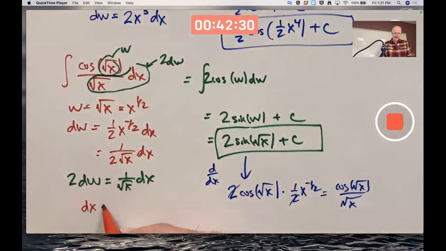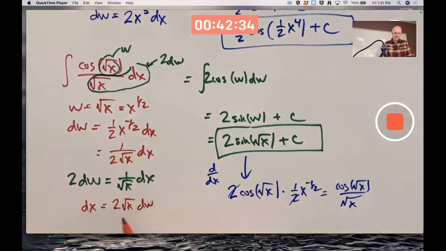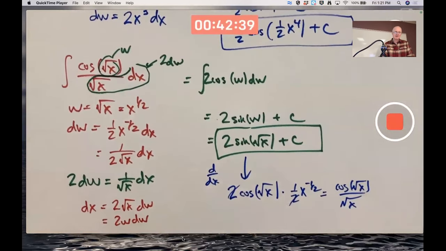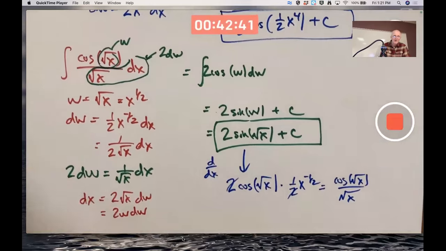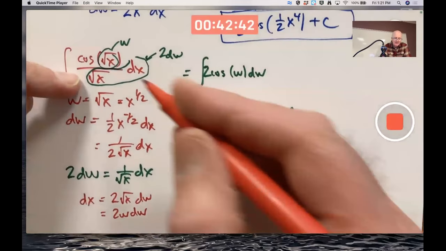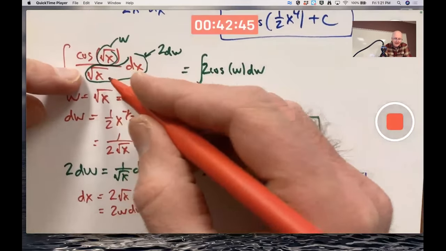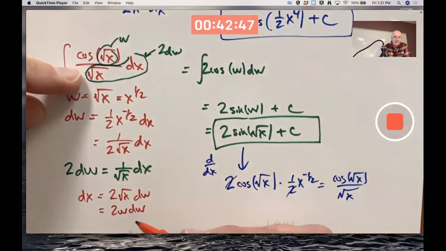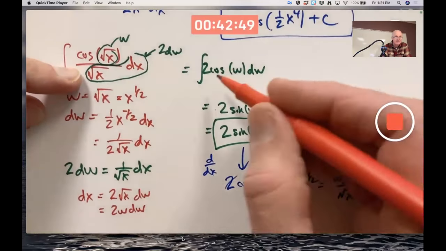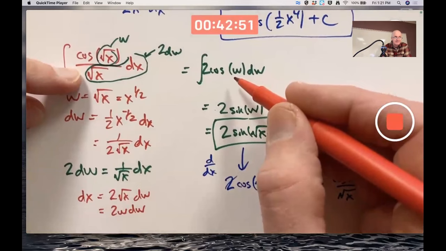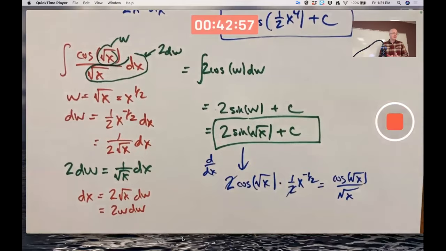This equation would say dx could be thought of as 2 square root of x dw, but once again, square root of x is w. This is the same as 2w dw. So if I replace this with a w and dx with 2w dw, the w's would cancel and I'd get the same thing. Good question. Tricky, easy to make a mistake.